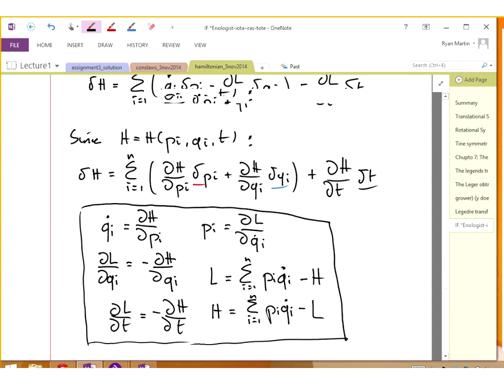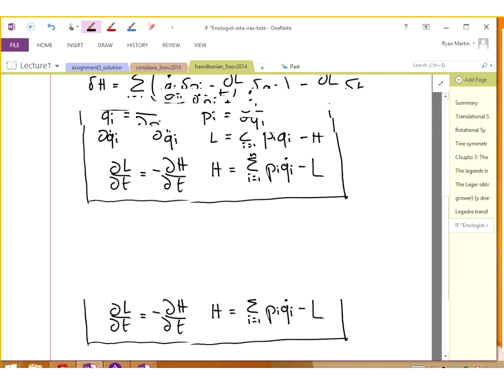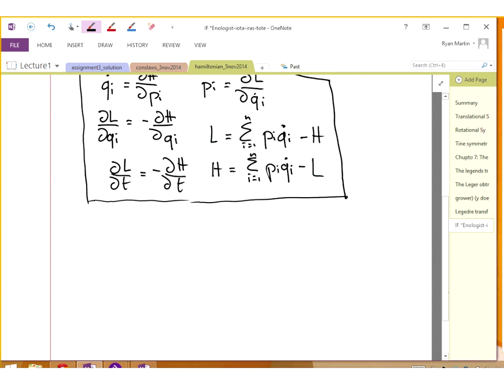That is how you transform from the Lagrangian to the Hamiltonian, where the Lagrangian is a function of q_i and q_i dot.